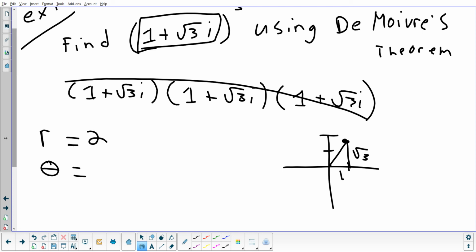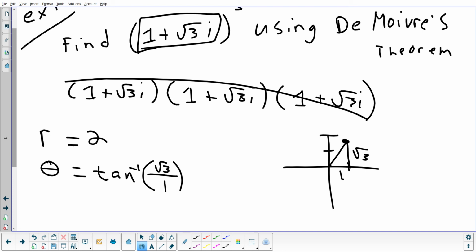And your angle, we're in quadrant 1. Do I have to add 180 to my answer? No. We're just going to do inverse tangent of, can someone remind me? What is it? Inverse tangent of what? Yep. Y over x.